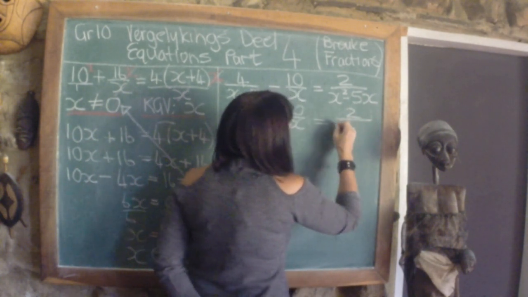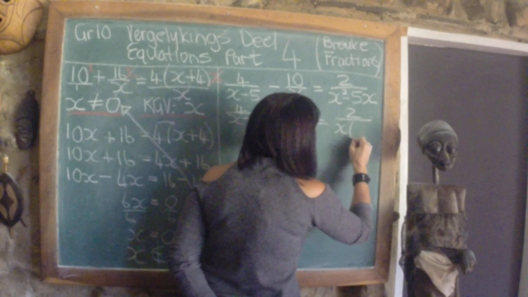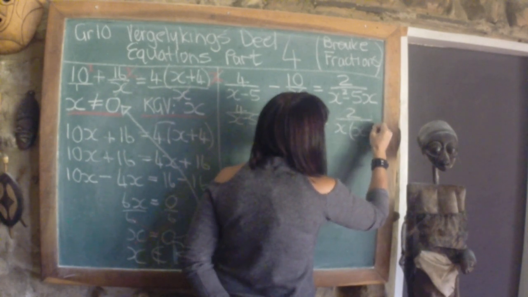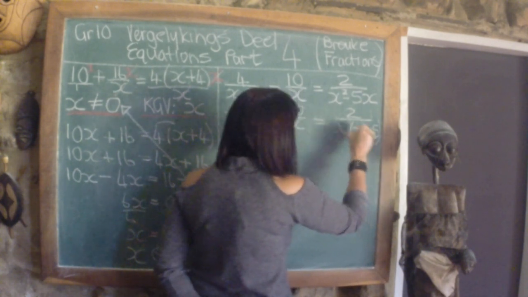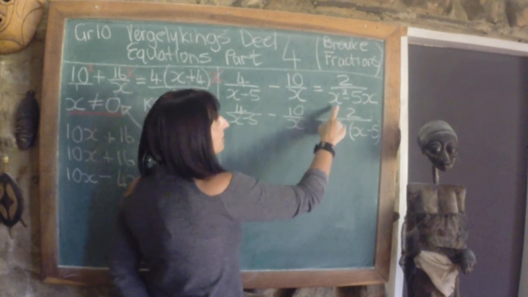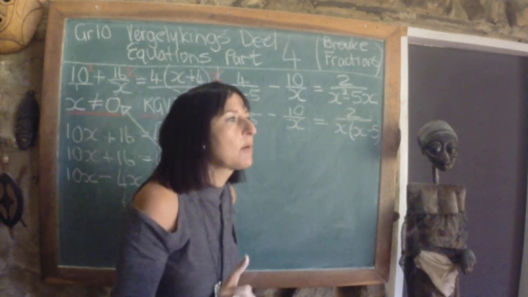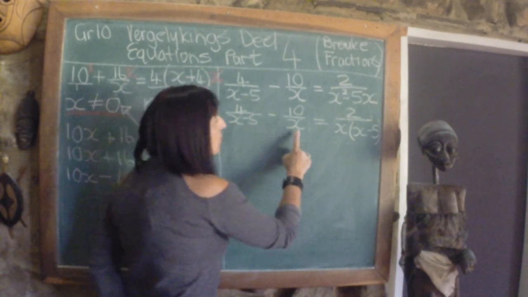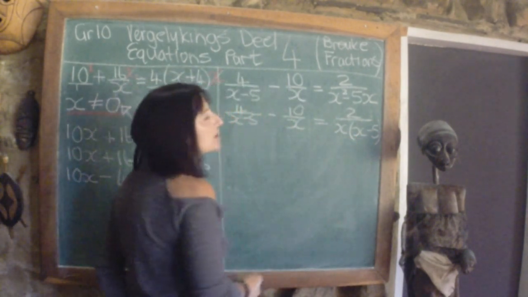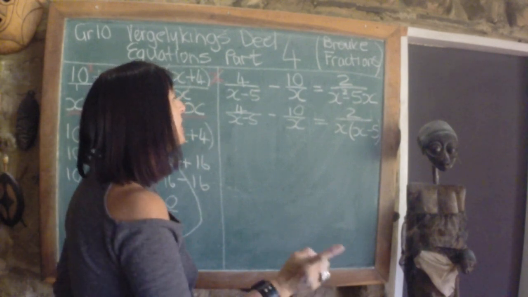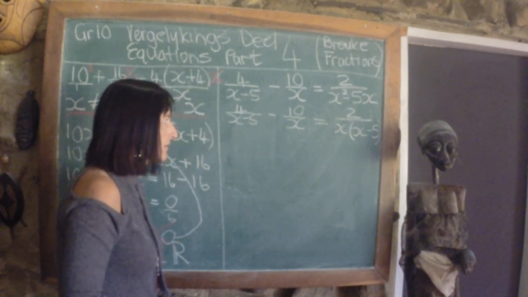Ons noemers moet almal gefaktoriseer wees, en hier kan ek 'n GGF uithaal van x, en dan bly daar oor x minus 5. So my eerste stap is, factorize all denominators. Faktoriseer alle noemers dat hulle so eenvoudig as moontlik is.